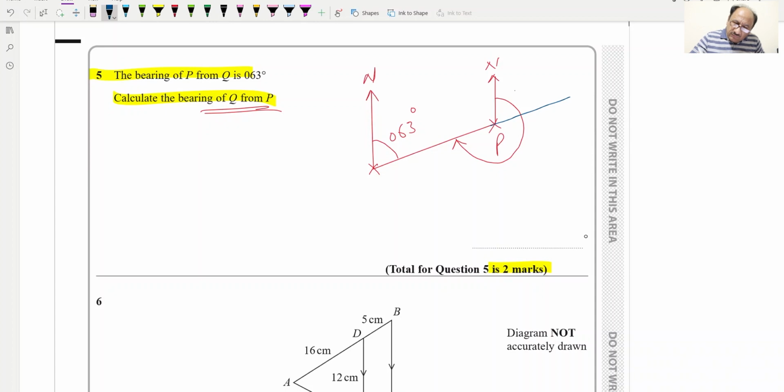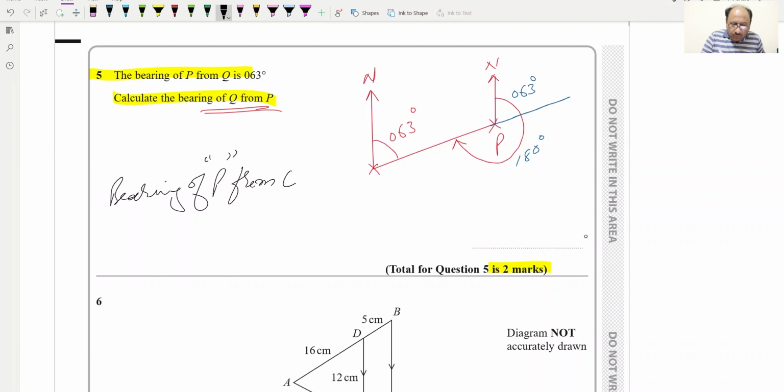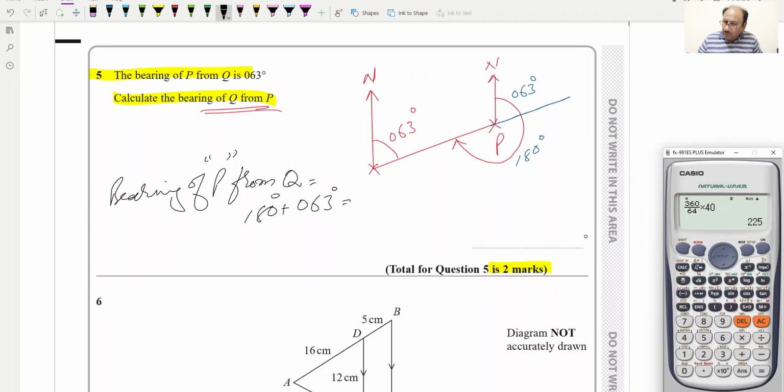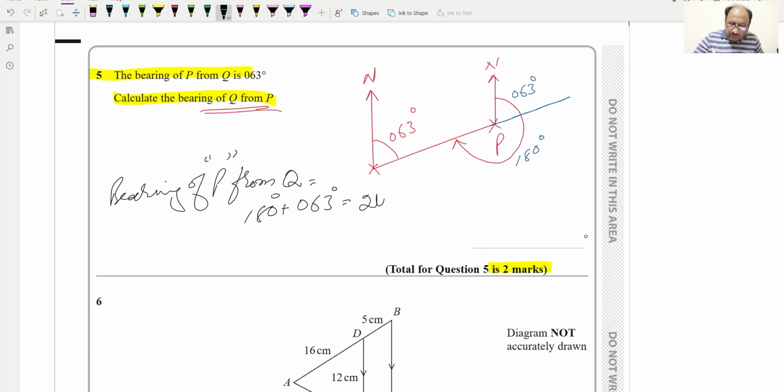This angle will be 063 and this angle will be 180 degrees, and if we add these two angles, the bearing of Q from P is equal to 180 plus 63, and this will be equal to 243 degrees, and this will be our final answer.